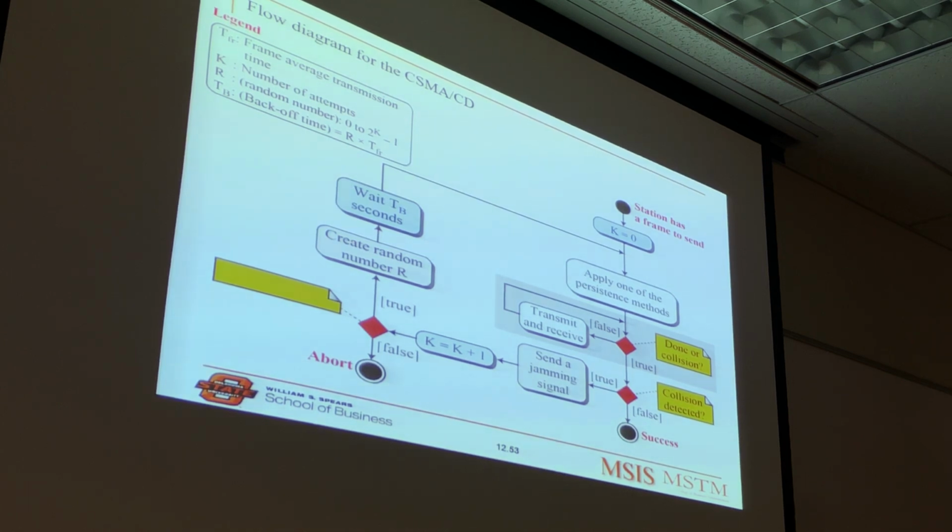And as the collisions go higher, you have to wait more. Then there will be more devices that need to transmit. So the collision rate will just skyrocket, exponentially increase. So there was a big problem in the early days of Ethernet because Ethernet used CSMA-CD.